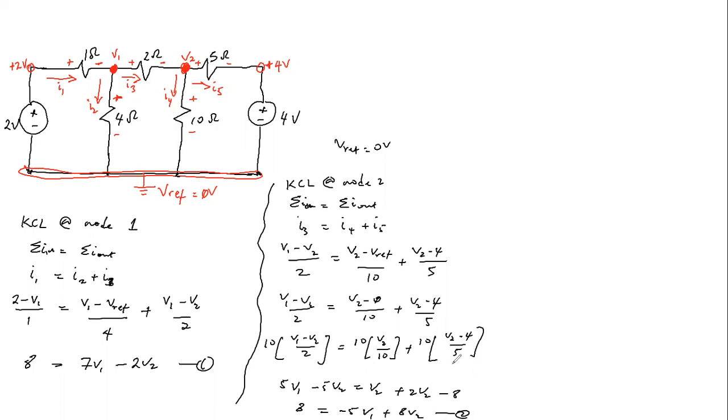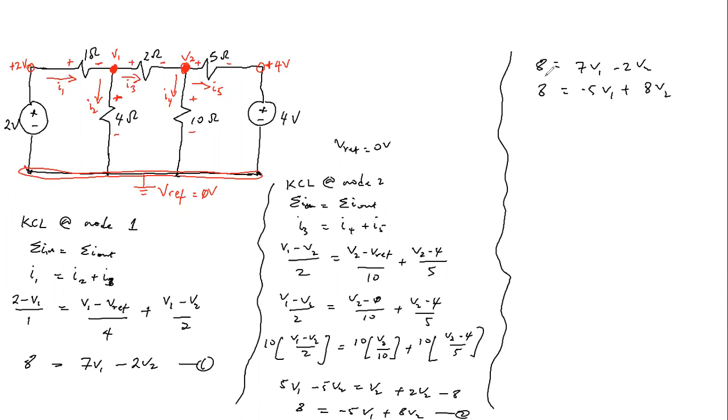So we have two simultaneous equations: 8 equals 7V1 minus 2V2, and 8 equals minus 5V1 plus 8V2. Should we use the matrix method?